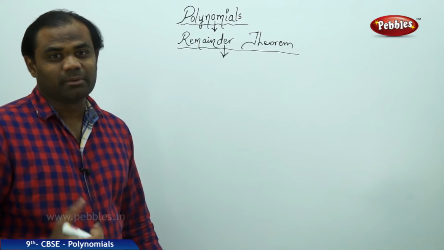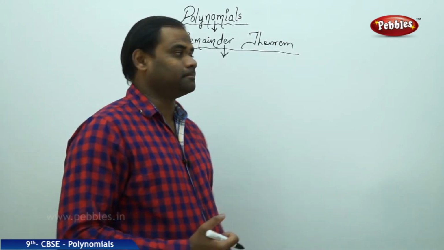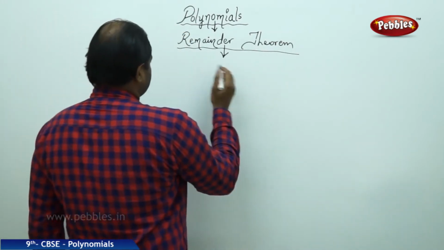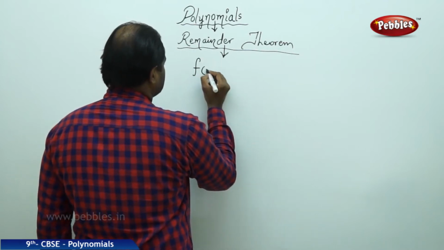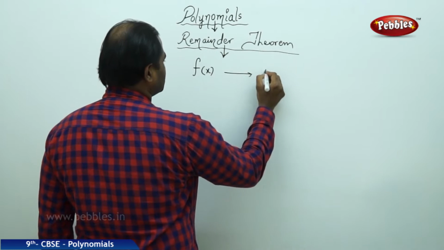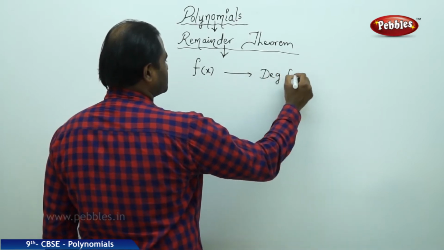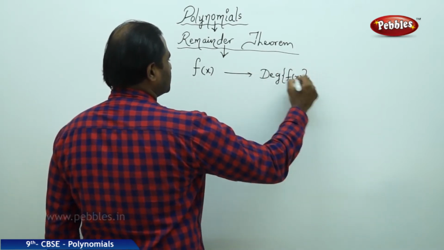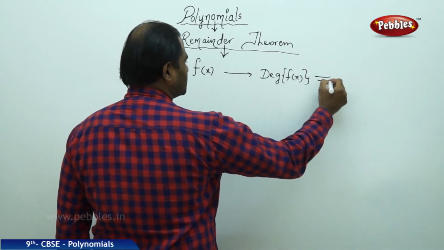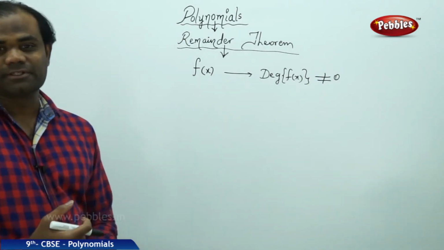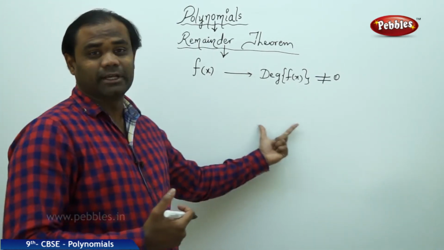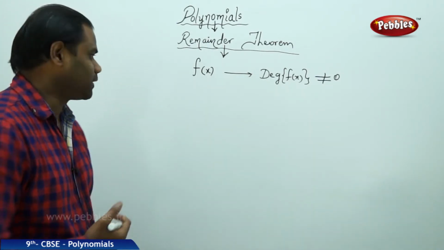It relates to the remainder in divisibility. If I take a function f of x with the condition that the degree of the function f of x is not equal to 0, then let's see what the theorem states for this function f of x.